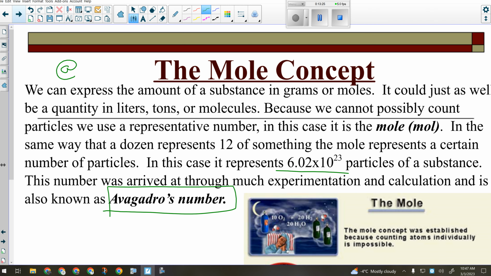So I would go 1.01 times 2, that'll take care of my hydrogens, plus the atomic mass of oxygen, which according to my periodic table is 16. So that tells me then that if I have 6.02 times 10 to the 23 molecules of water, it'll have a mass of 18.02 grams.